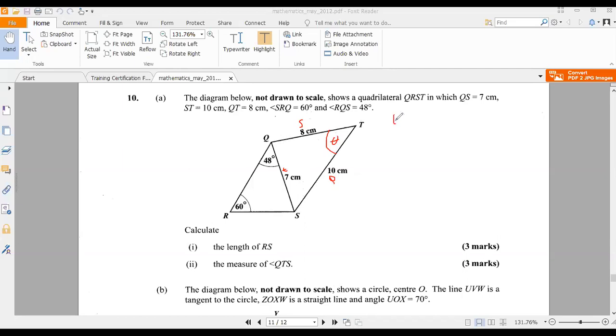So I'm going to write t squared is equal to s squared plus q squared minus 2sq cos of angle t.